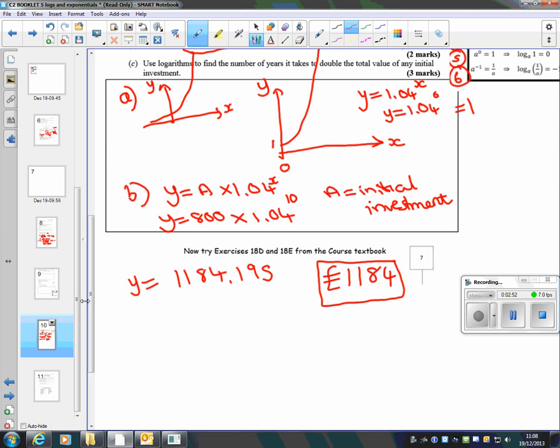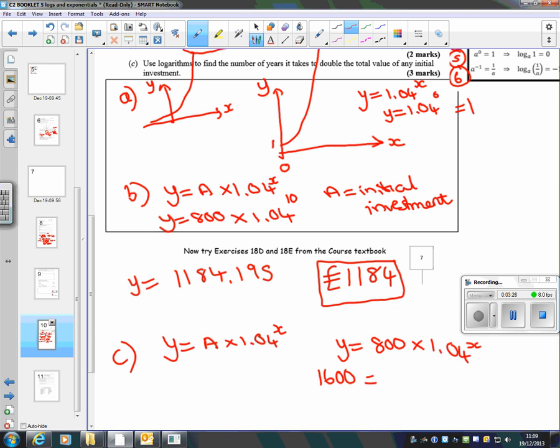On part C, we need to use logarithms. So we've got our equation and we want to work out how long it takes us to double the value of any initial investment. So if we're starting out with A, and in this example in part B we had A was 800, we'd want to work out x, how long does it take for us to get £1,600?